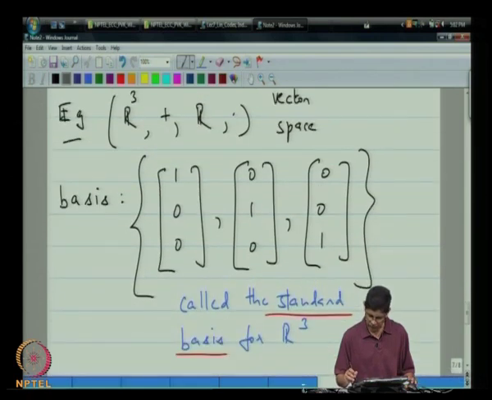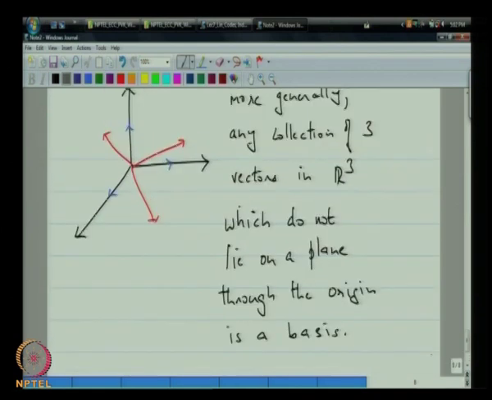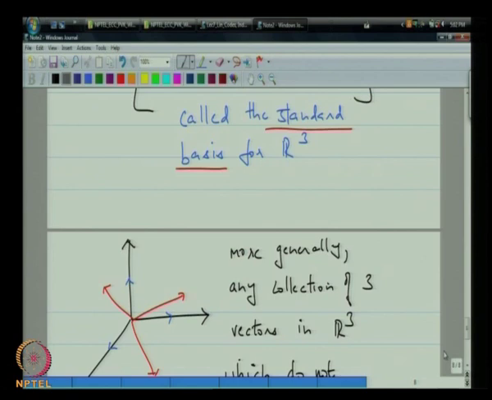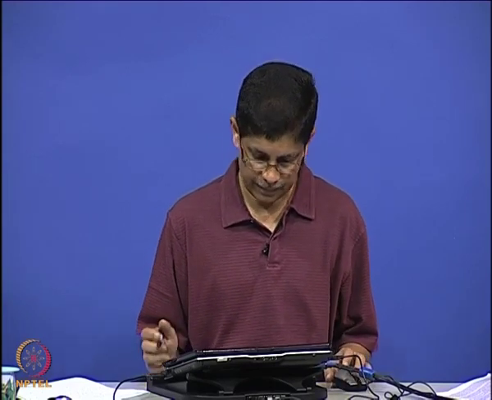Now getting back to basis, we will look at some other examples, but just one quick note here. As you can see in this particular instance, even when you focus on 3-dimensional Euclidean space, there can be more than one basis. So certainly the choice of basis for a vector space is not unique.